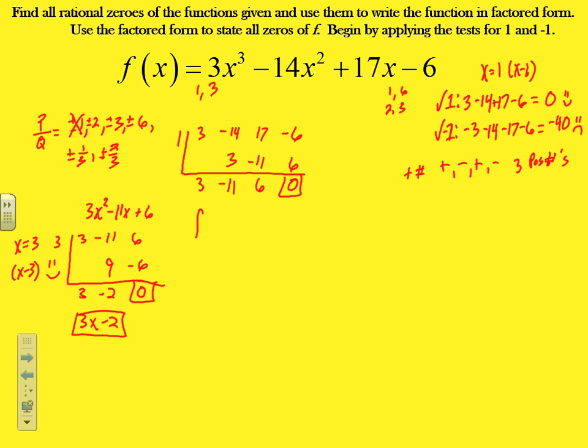So we can say f of x is equal to, let's go ahead and do it in the order that we found them in, x minus 1, the next one was x minus 3, and the last one was 3x minus 2. And so the zeros would be x is equal to 1, 3, and 2/3.